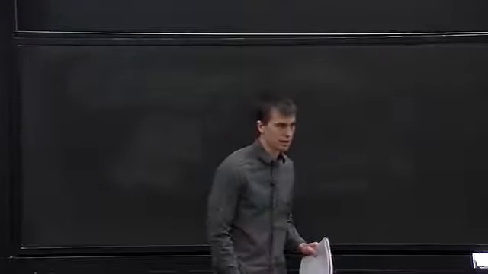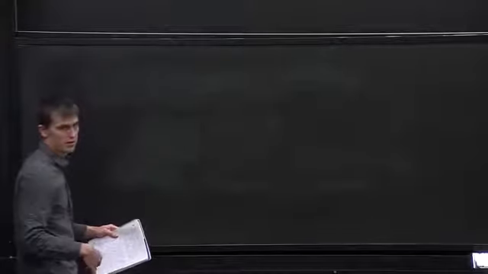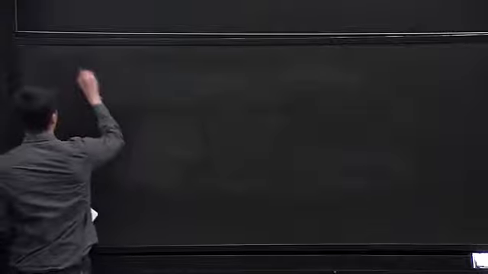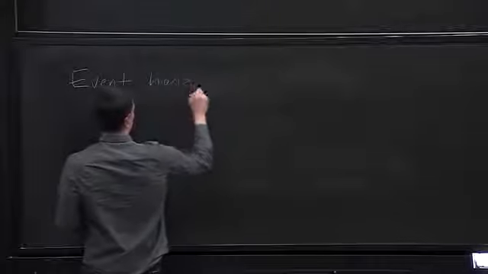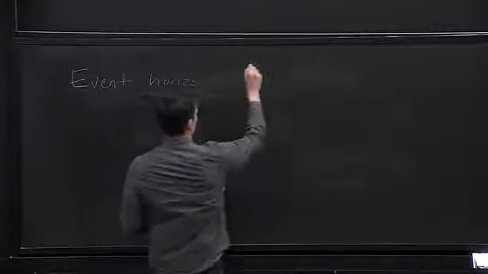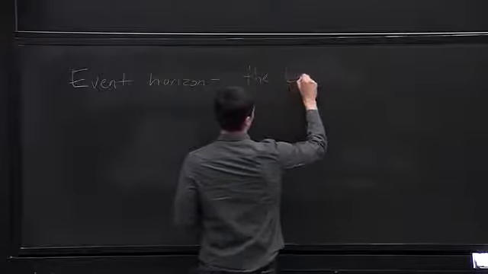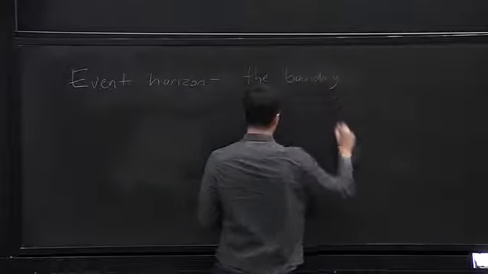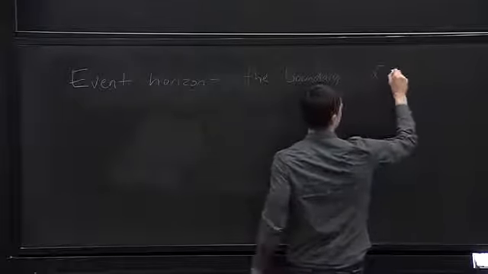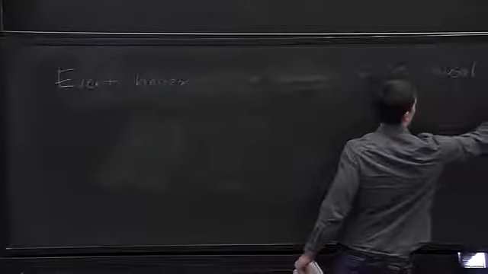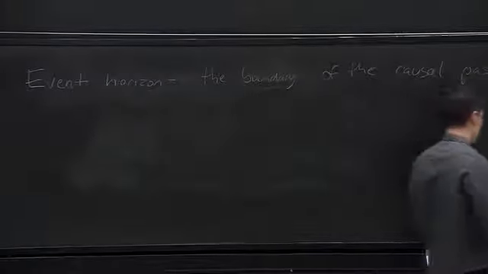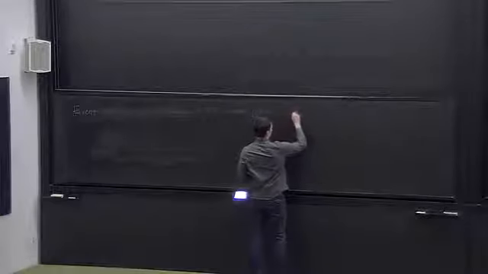So the definition we've been using so far for the boundary of a black hole has been the event horizon. The definition of the event horizon is it's the boundary of the causal past of future null infinity.